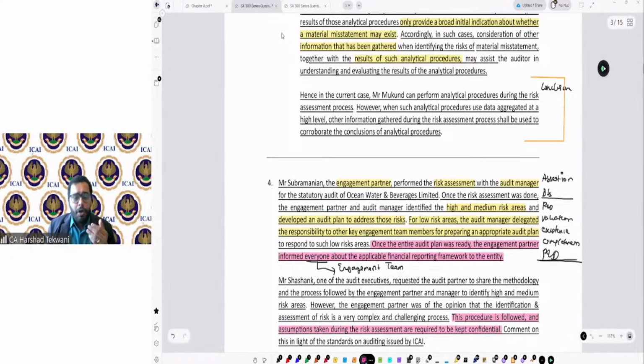Are you getting? So I need to tell my team members, I need to tell the engagement team members, this is the reason why I think this is a high risk area. And while testing, please focus on these areas. Are you getting my point? Any doubt?